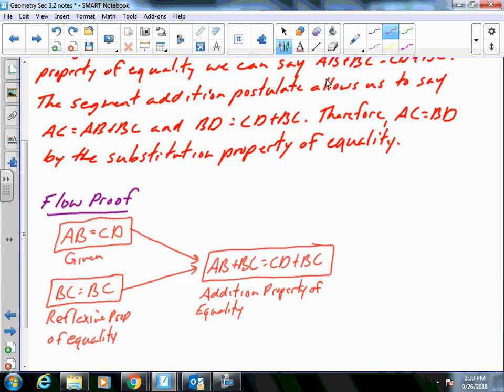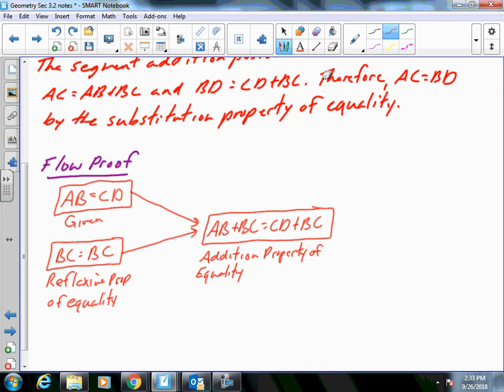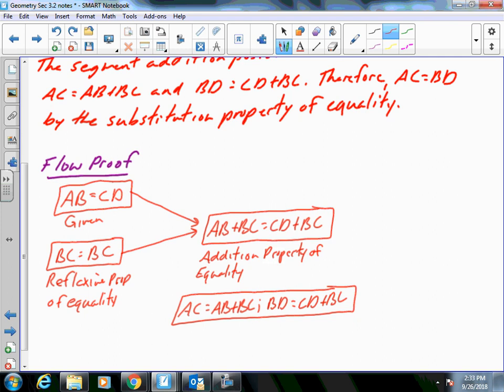So we're going to write that as AC equals AB plus BC, and BD equals CD plus BC. And that once again is the segment addition postulate.